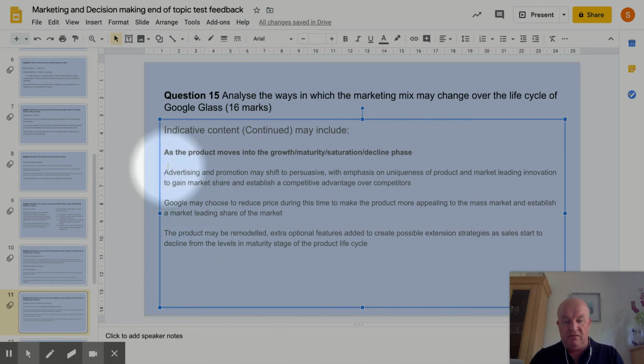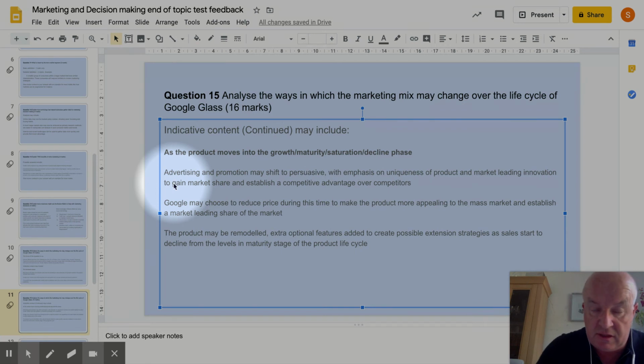So we've done the intro phase in relative detail, okay? But if we then look at how the product might move into growth, maturity, saturation, and decline phase, well, clearly, once you've gone through the awareness and interest stage, then we're talking about trying to persuade people to move towards a buying decision, okay?